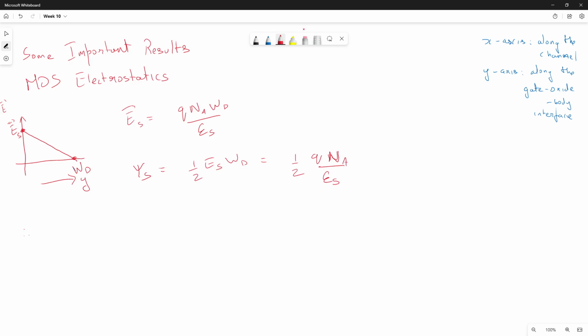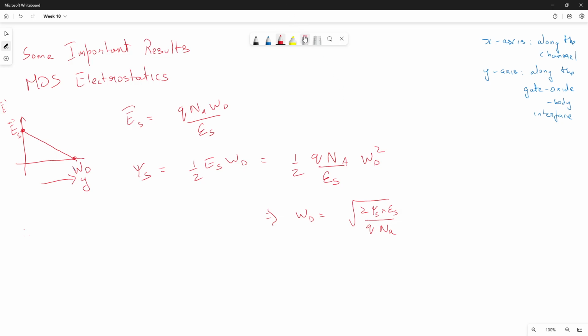Na times WD squared. So by back substituting, we can essentially get WD is equal to the square root of 2 psi S times epsilon S divided by Q Na.